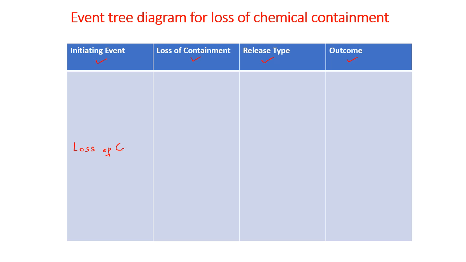And the loss of control may have multiple different reasons. So when there is a loss of control, this loss of containment type can be different, right? It can vary. So let's think what the possible loss of containment scenarios are.